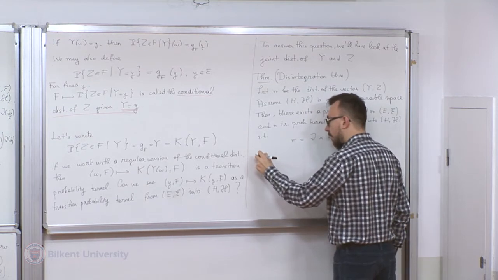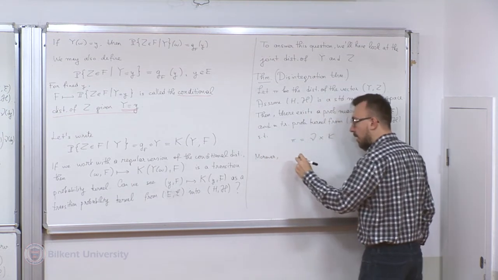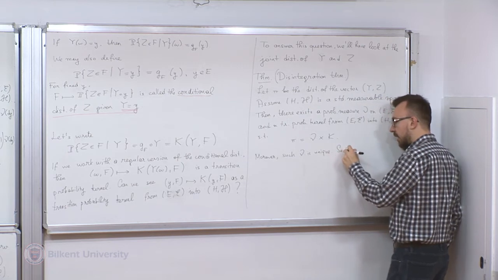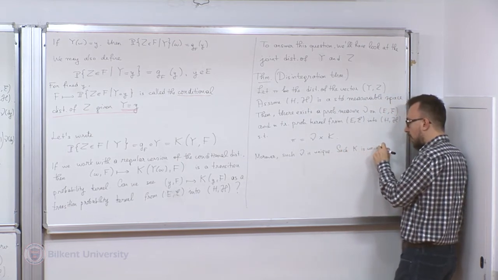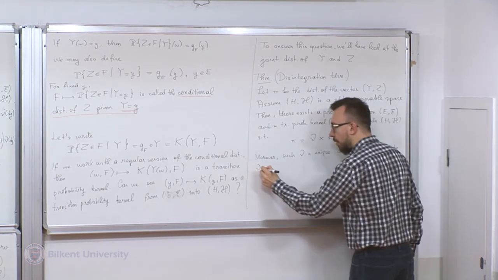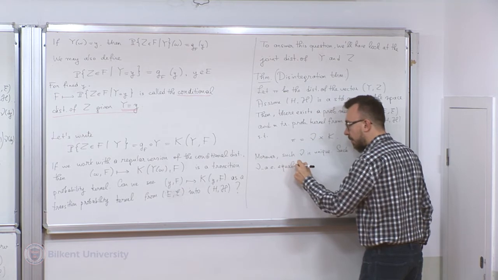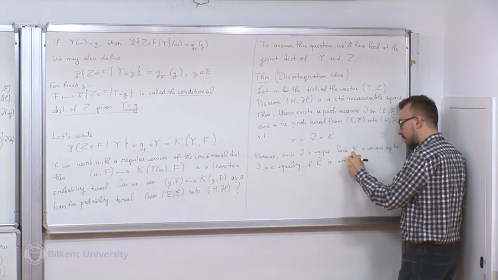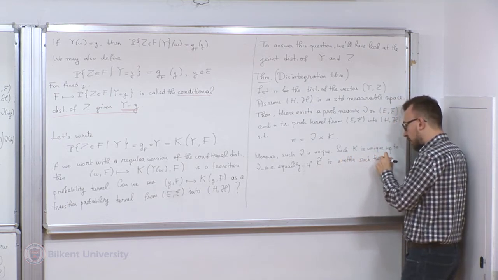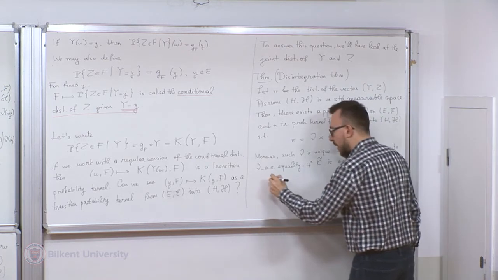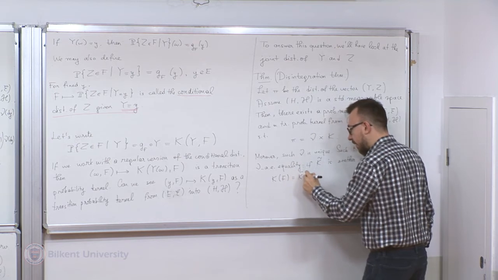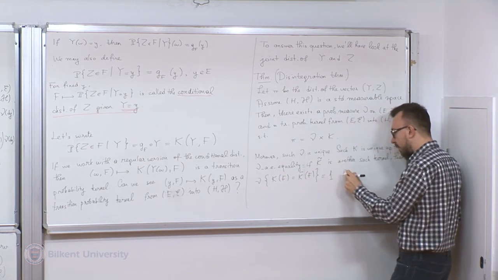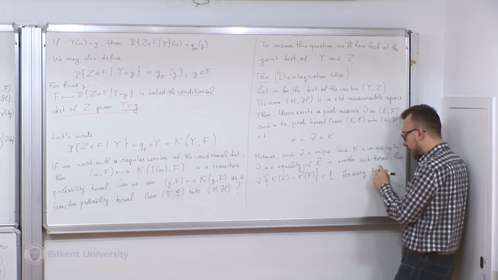Moreover, such nu is unique, and such k is unique up to nu-almost everywhere equality, meaning that if k tilde is another such kernel, then kf and k tilde f as random variables are equal with probability 1 for every f.